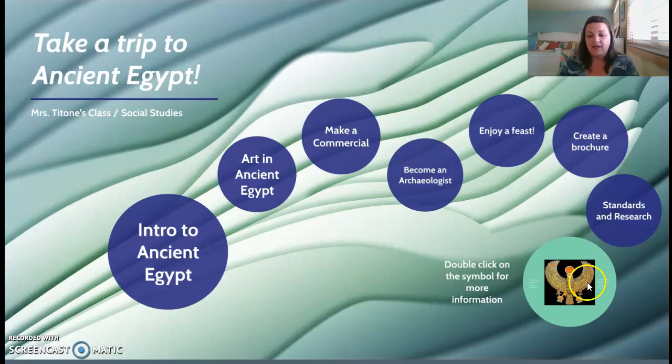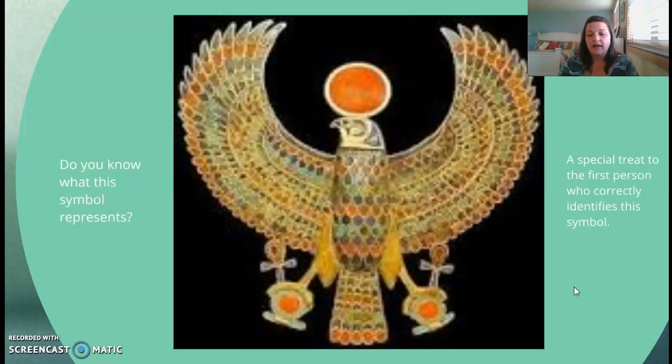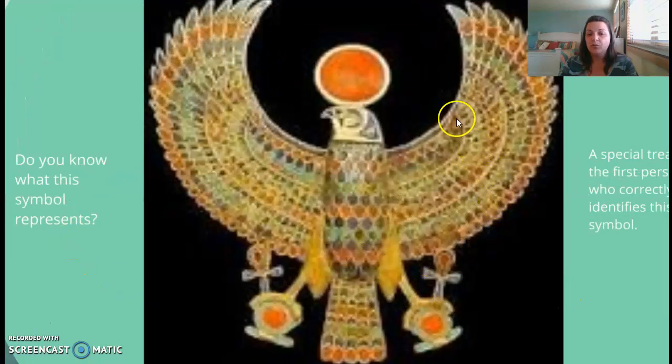You'll also notice here, if you double click on this symbol, I have a special question. Do you know what this symbol represents? And if you don't, while you're doing your research today and you're using those websites, why don't you try to see if you can't find this image and then figure out what it is. And the first person that correctly identifies this image is going to get a special treat.